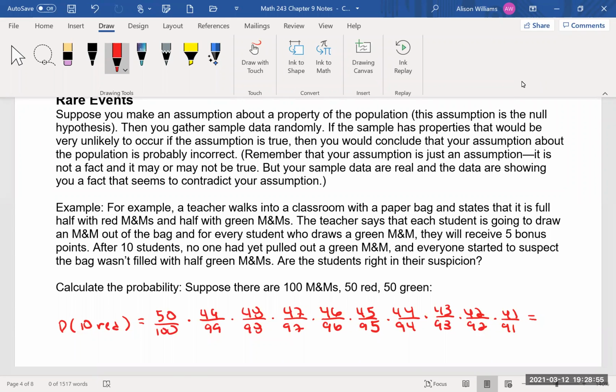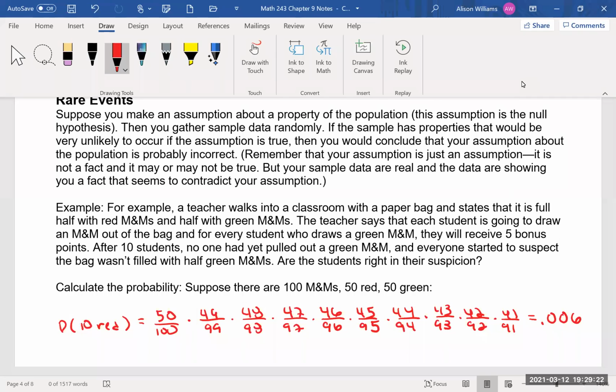Let me see what that gives me. Instead it's 0.006. That's the odds that 10 people draw an M&M and there really is half of them green, and they each just keep drawing red, red, red, red. Those are very low odds, less than 1%. Less than a 1% chance that that's going to happen.